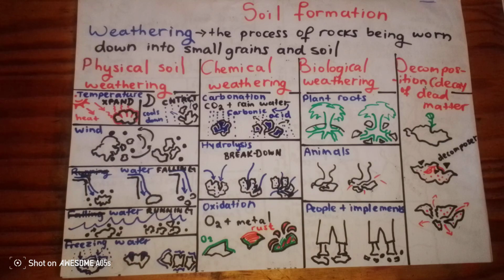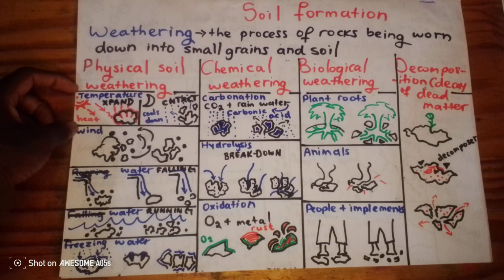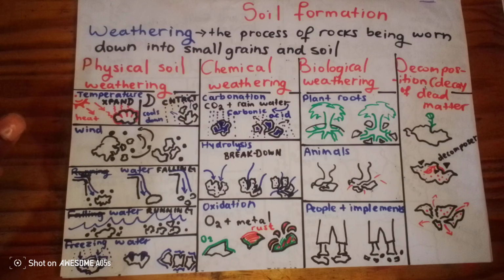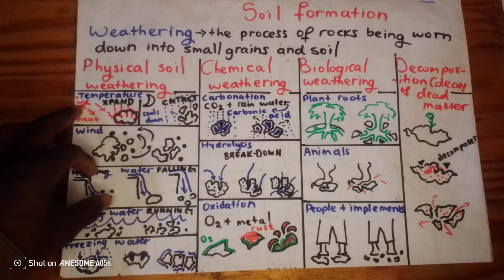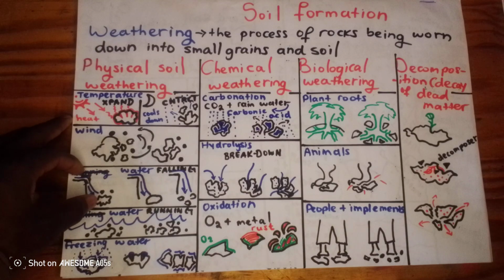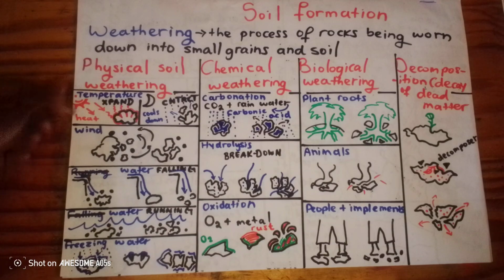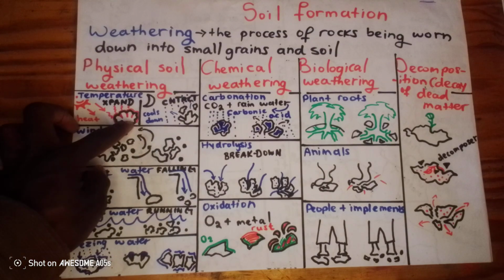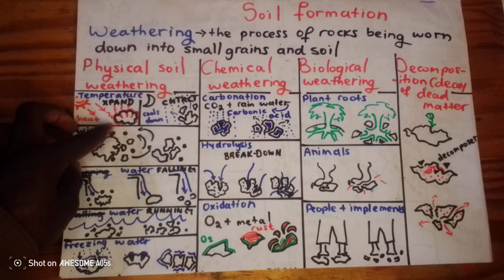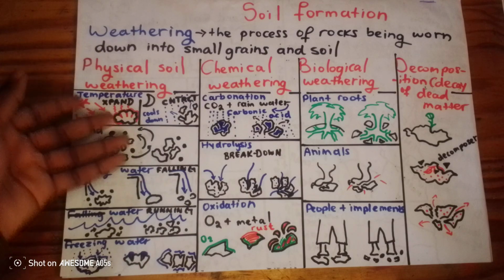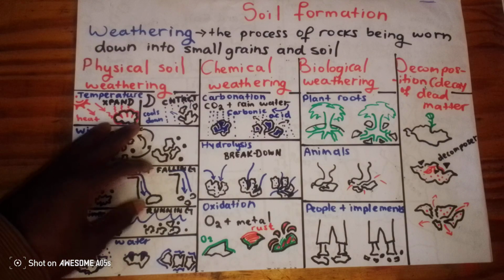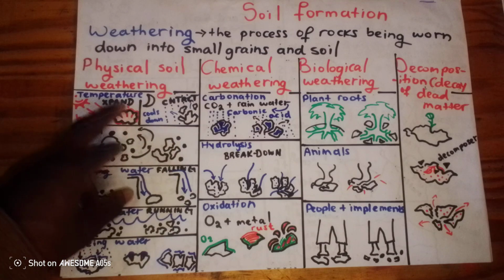Anyways, physical soil weathering. So with temperature, when it's daytime, as can be seen by my sun, the sun heats up the rock. The rock will expand, as you can see by the red and the heat rays there. So during the day, the rock expands.